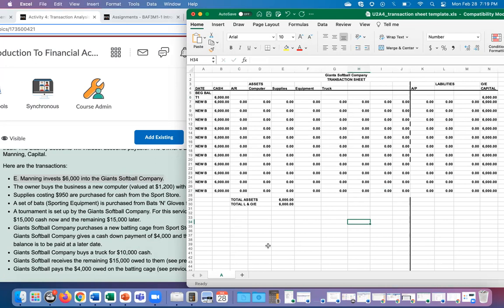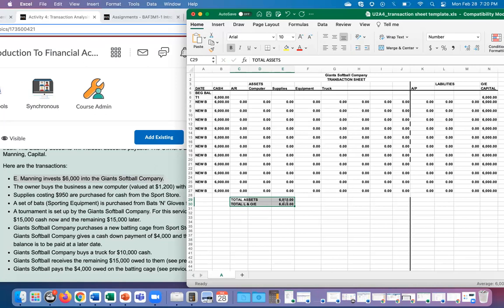Now, the one thing you want to keep an eye on while you're doing this are these two balances at the bottom here, the total assets and total liability and owner's equity. Are these staying in balance? If they're the same number, then you're doing well. Your accounts are in balance and you're doing it properly. If they aren't in balance, then there's something wrong.